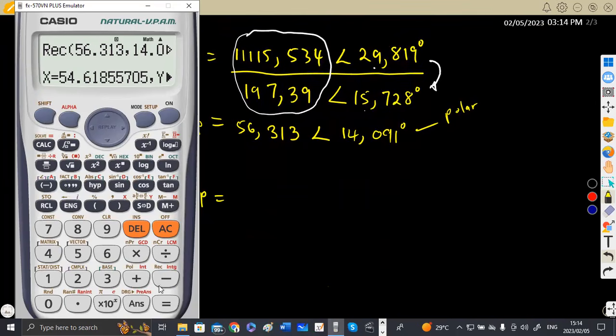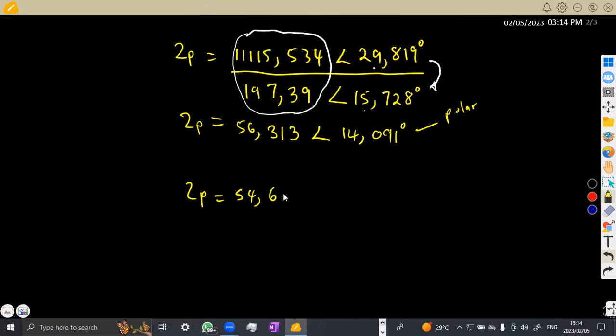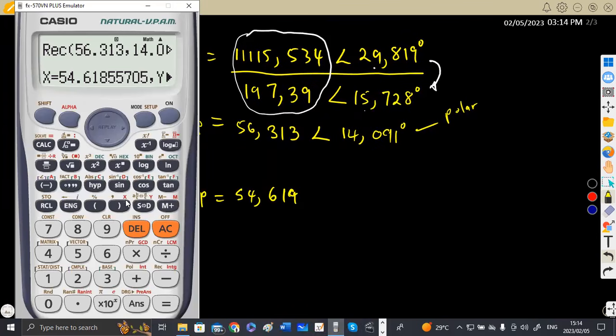Close the bracket. That's x. Remember, in Cartesian form, we are given x and y. So that's 54,619. Then we move on to the value of y. Y is equal to what? Okay, sorry for that, guys. I've left the answer there. Let me just redo it fast.